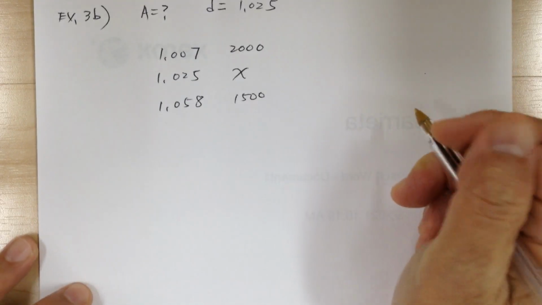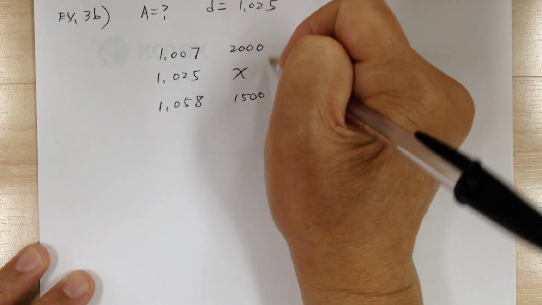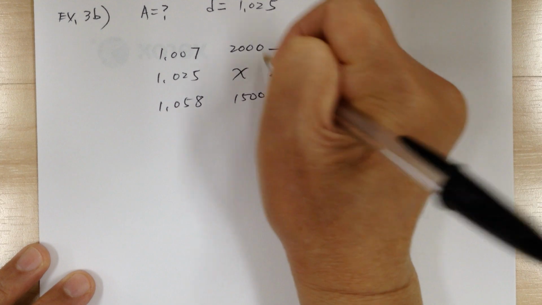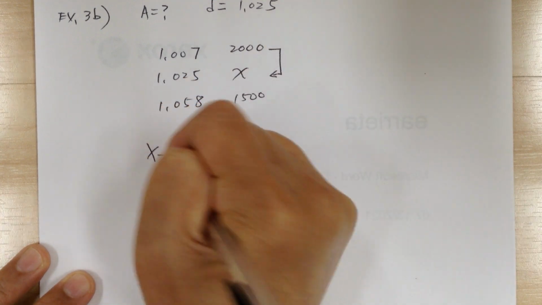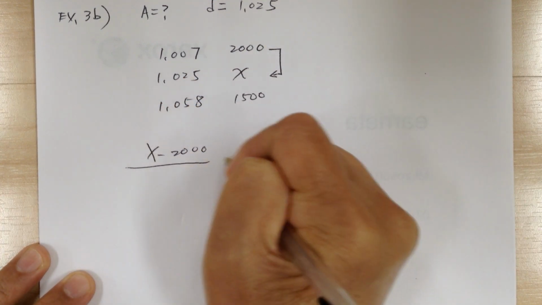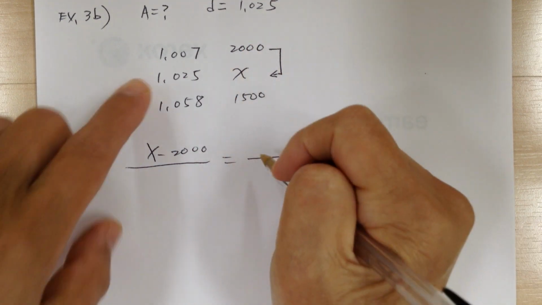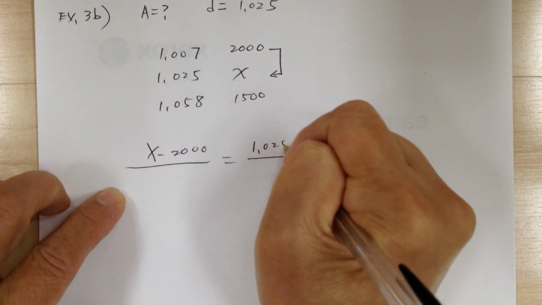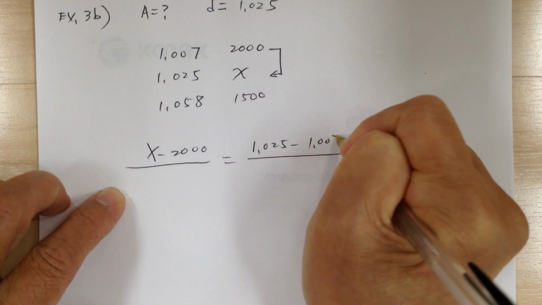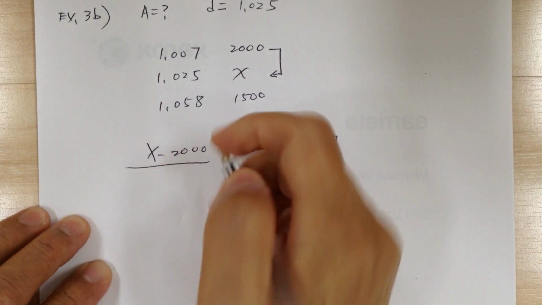Again, let's go ahead and get the pairs together. I'm going to pair this, so I'm going to get x minus 2,000. Get your fraction ready. So this minus that is equal to this minus that, which is 1.025 minus 1.007. And I need to get one more pair.